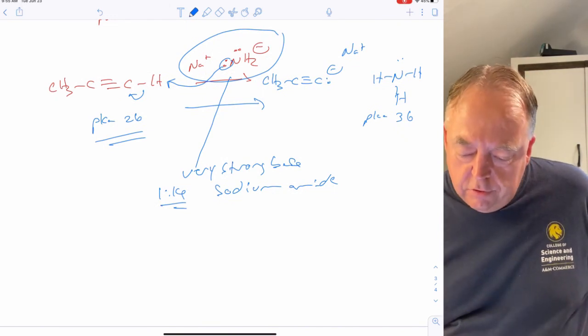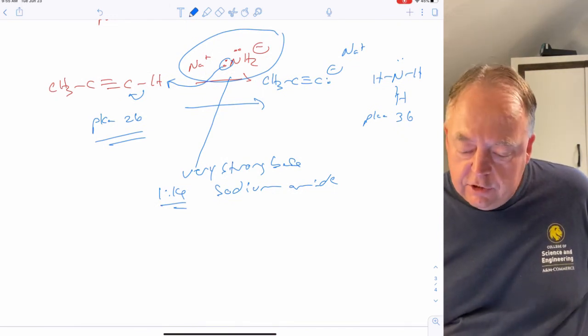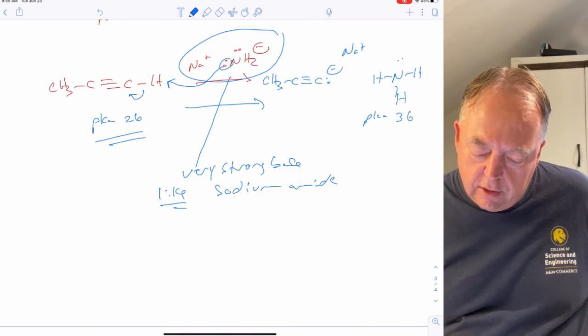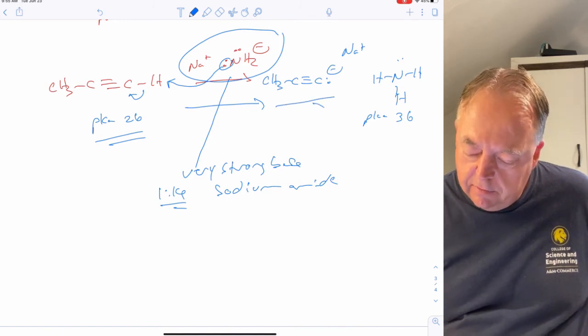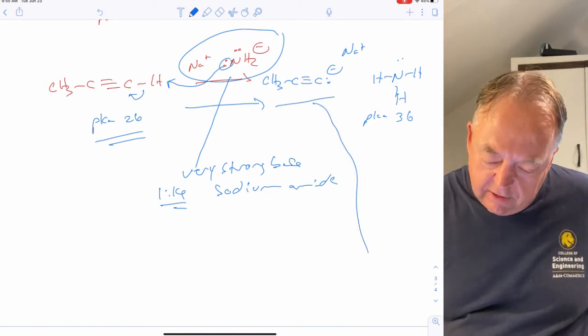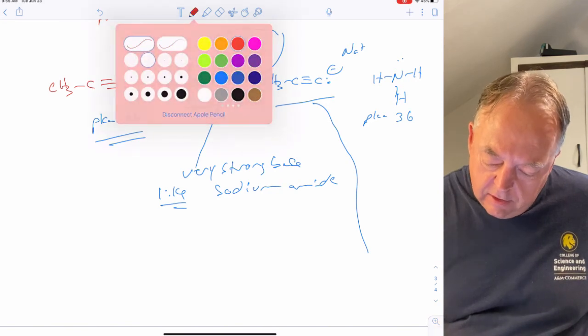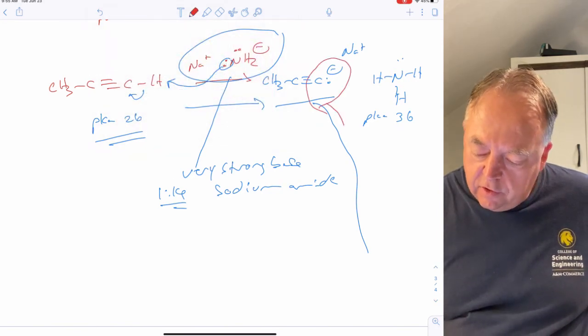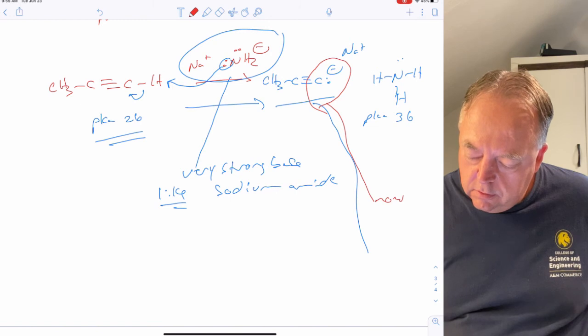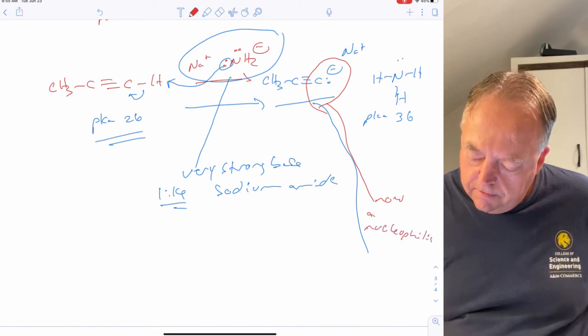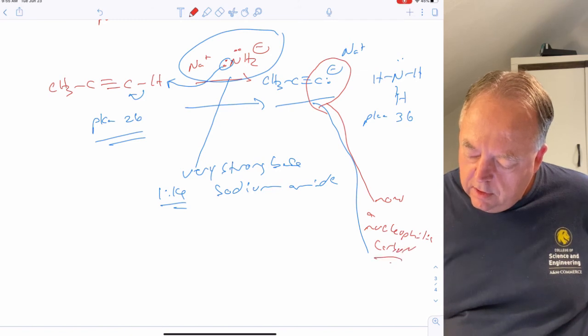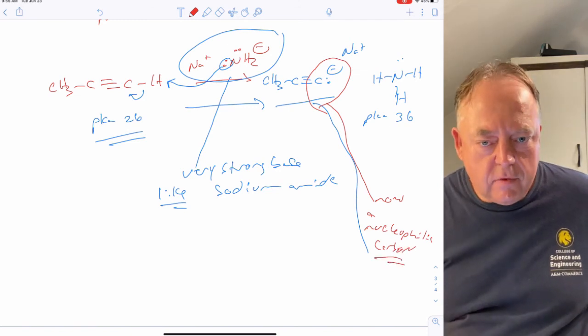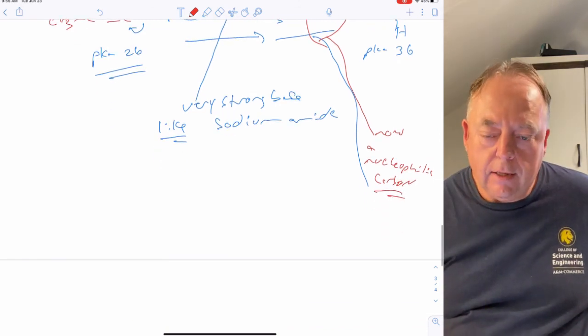Okay, and we'll use that in the next lecture, because if you remove the proton from a terminal alkyne and you make this molecule, the significance is that now you have a nucleophilic carbon. And you can use that to do chemical reactions to make carbon-carbon bonds.